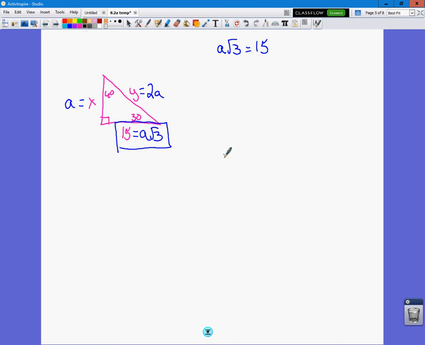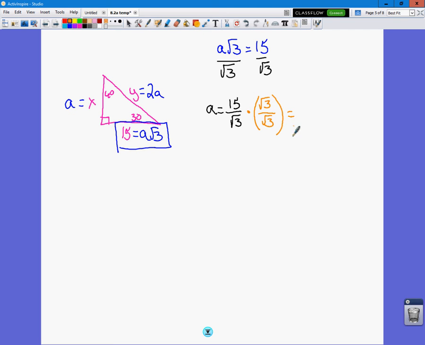How would I get a by itself? Divide by the square root of 3. What can't I leave in the denominator? I can't leave this square root. So I'm going to multiply by, technically I'm multiplying by 1.